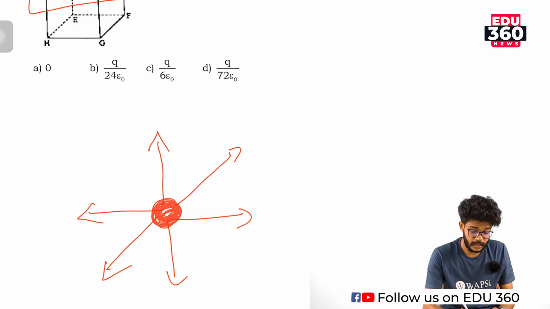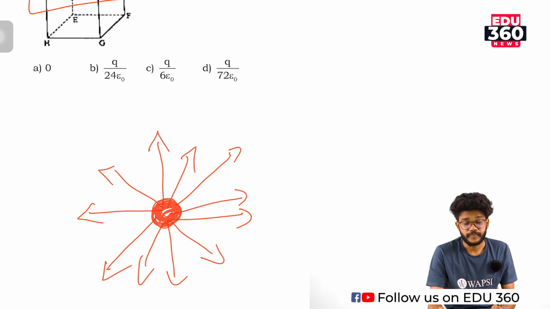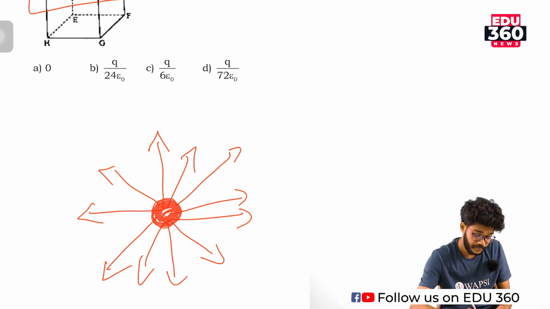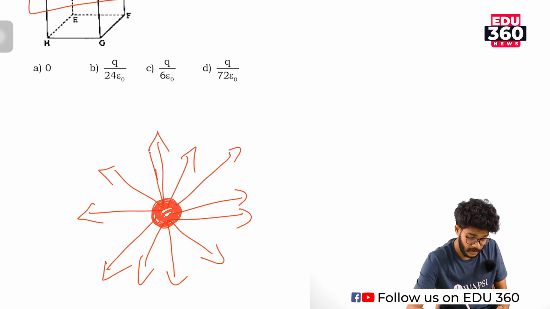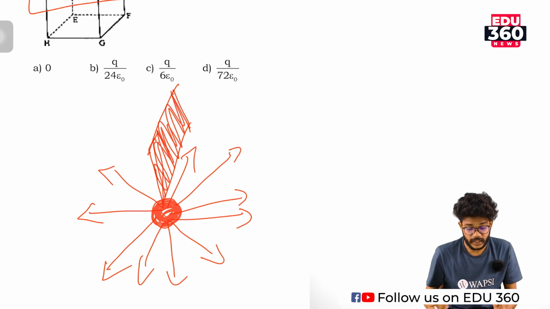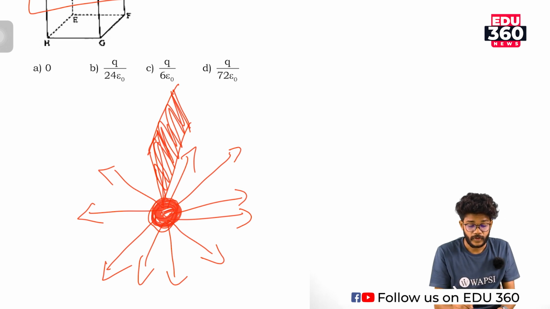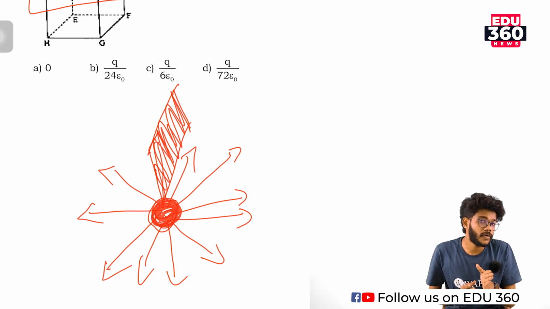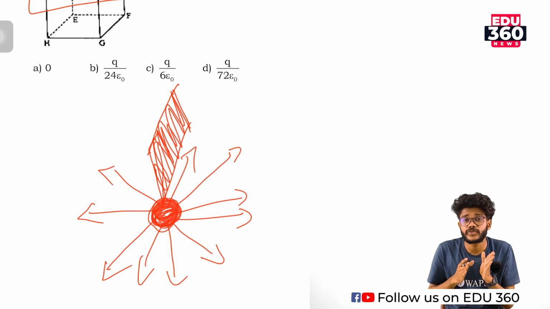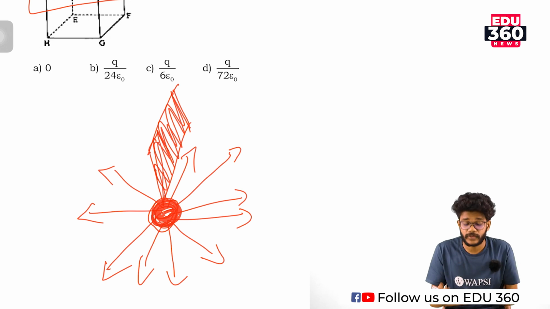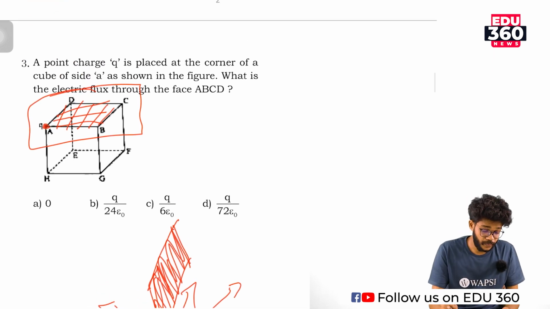The lines are spreading 360 degrees around. This is the area which we want to calculate. The area is placed perpendicular to the charge, so there are no field lines passing through the area. So the flux through this area is 0.